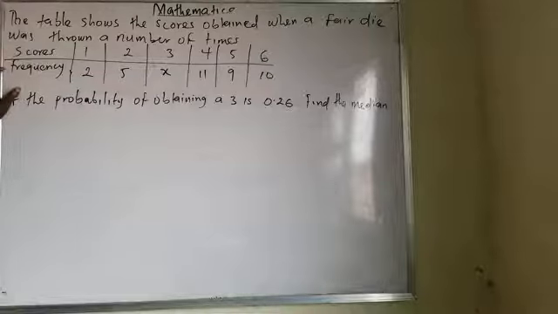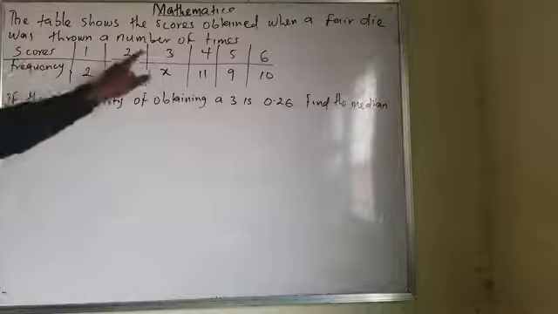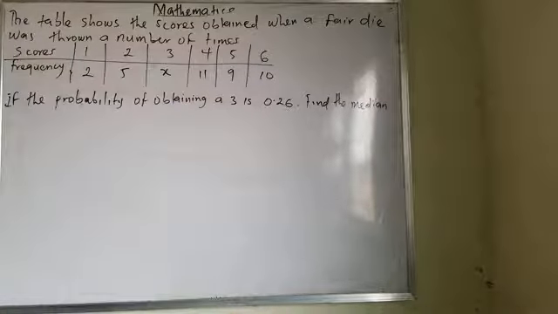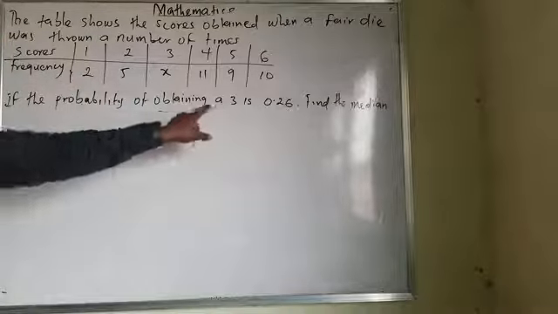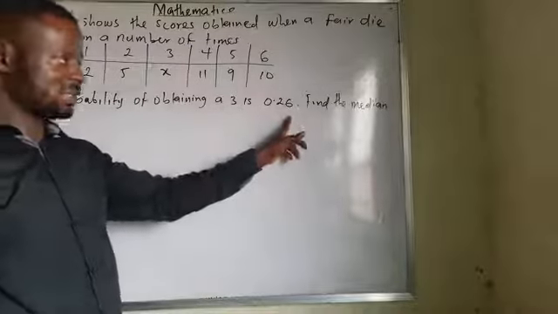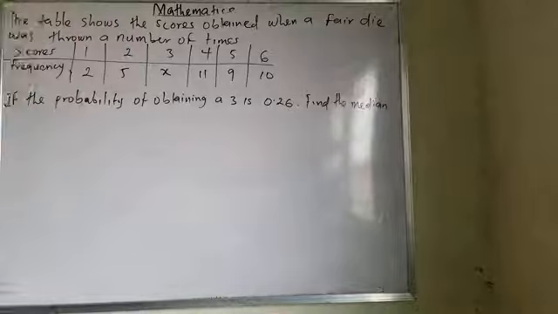Scores: this is my score. These are my frequency. If the probability of obtaining a 3 is this, find the median.